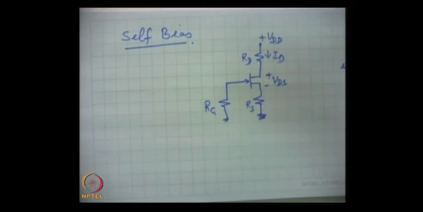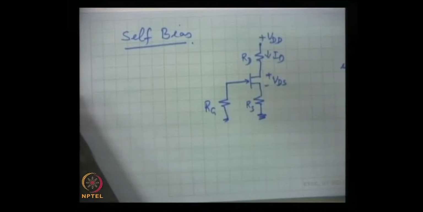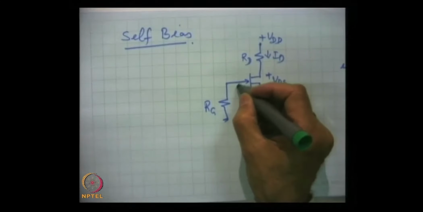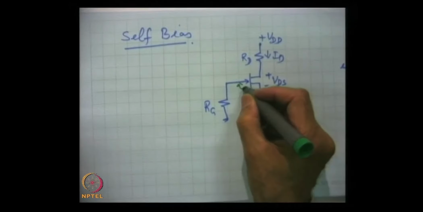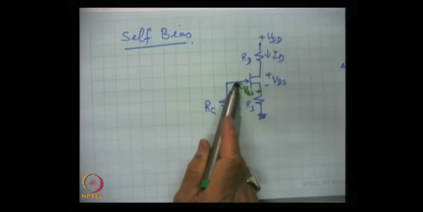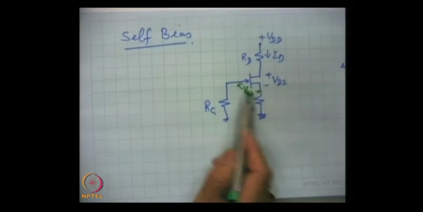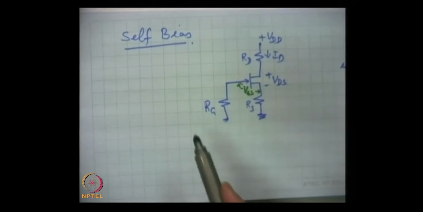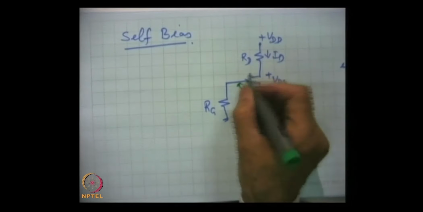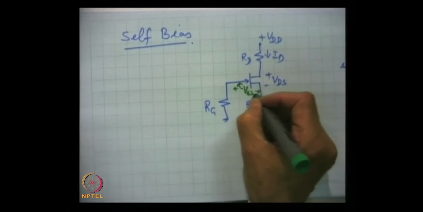This is the self bias. Why it is called self bias, that we will explain. And here this is VGS. Voltage between gate and source, this is VGS, which we are marking as plus here and minus here.